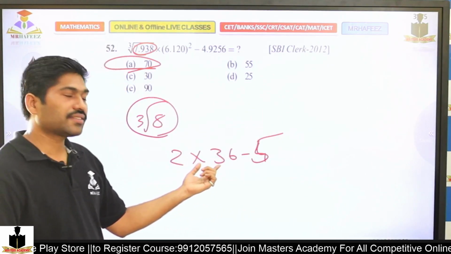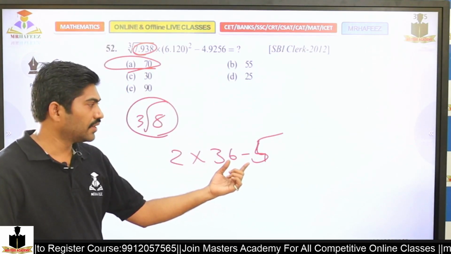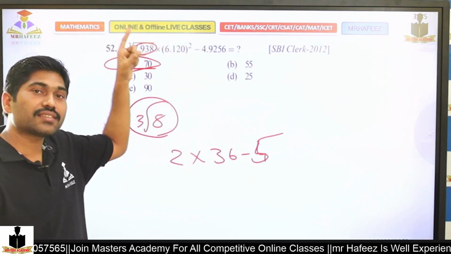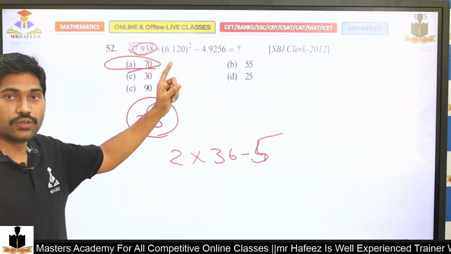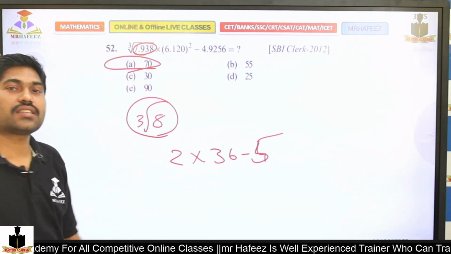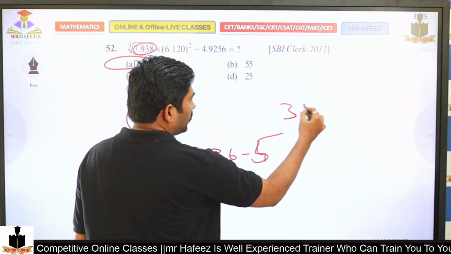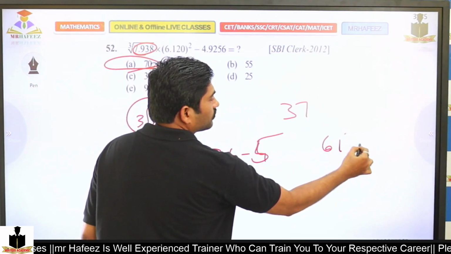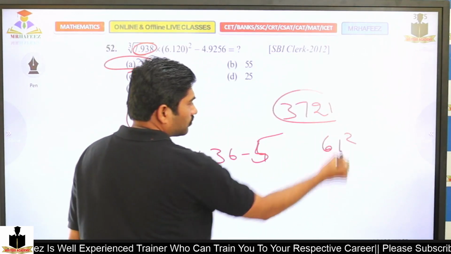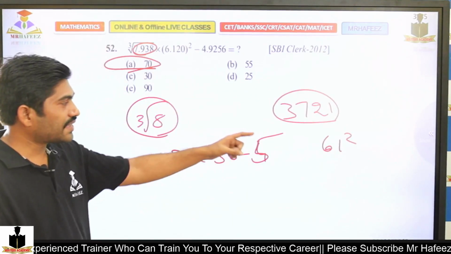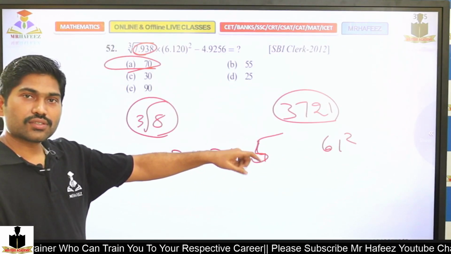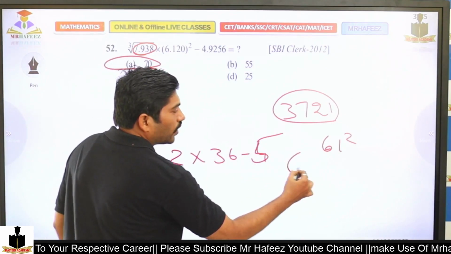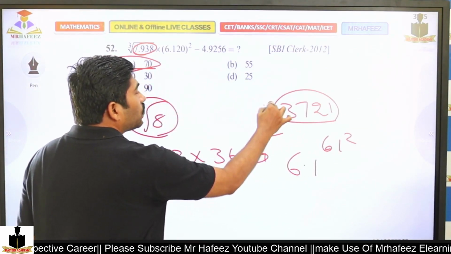So the answer here is 36 two times is 72 minus 5, because all these are approximations. This is not 6, this is 6.120. What is 6.1 square? It is 37.21. That is the logic, because if I increase 6.1, the value automatically increases.